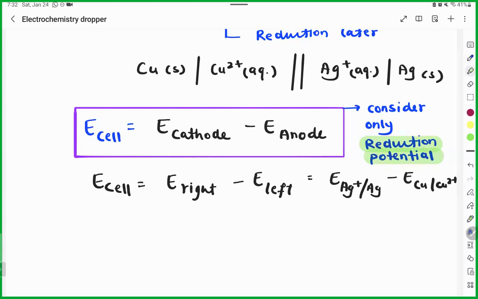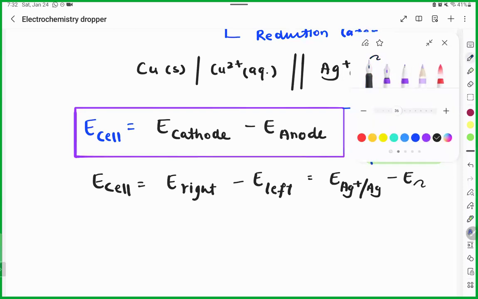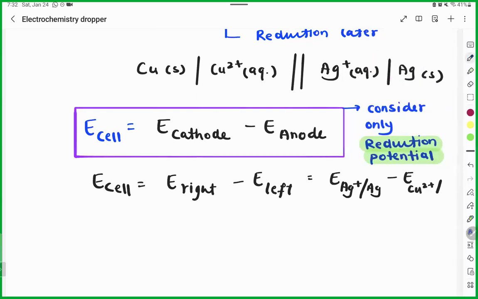So guys, whatever question you solve in electrochemistry for E cell, the cell potential, you have to take only the reduction potential value, only reduction. What I wrote on the screen for copper is an oxidation, so this is wrong. You have to take reduction potential only. That's why you have to write copper 2 positive converting into copper.